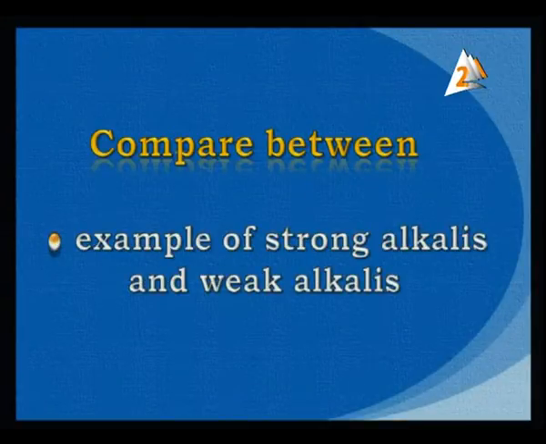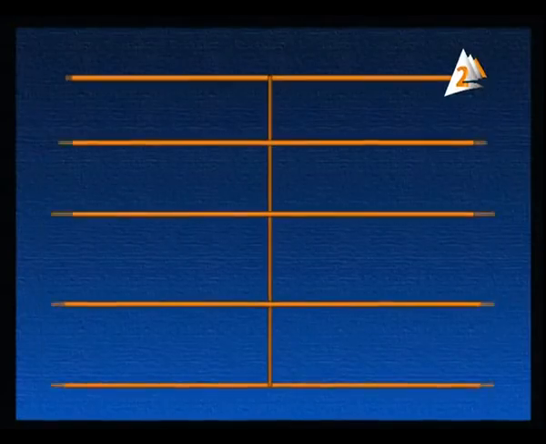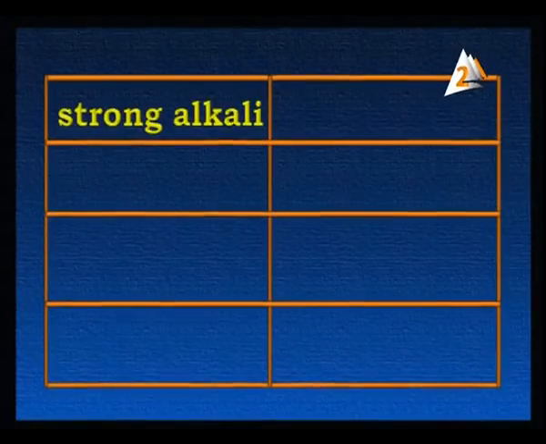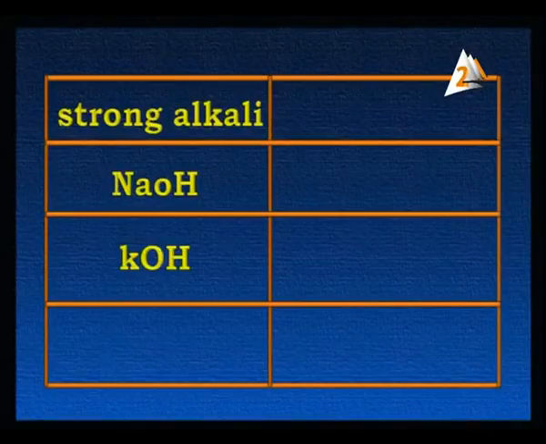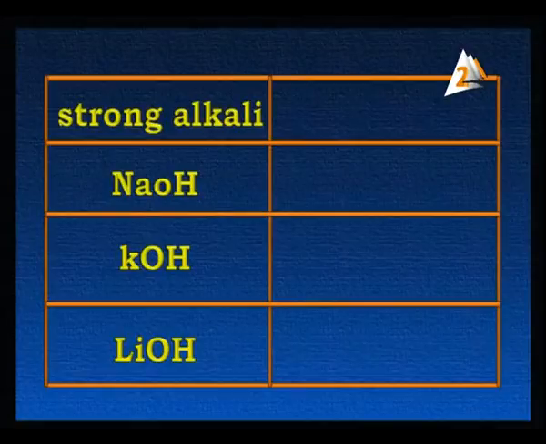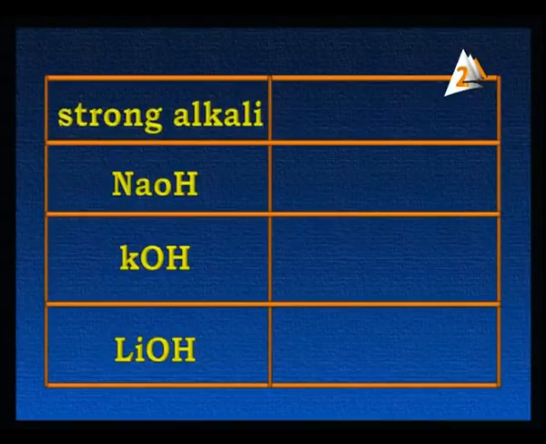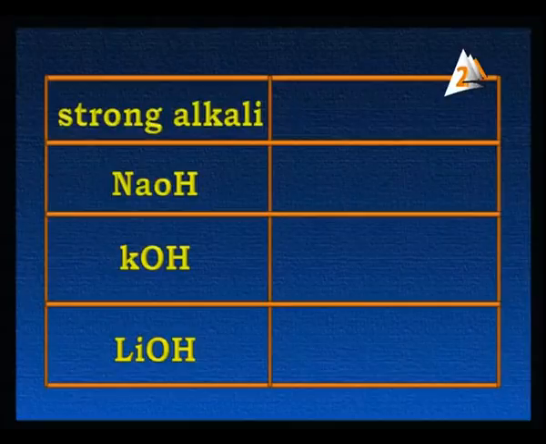Another part of this comparison: examples of strong alkalis and weak alkalis. We have the table like this, and here we have the strong alkalis: NaOH, KOH, LiOH. Any one of group 1 of the periodic table is called an alkali. So we have sodium hydroxide, potassium hydroxide, lithium hydroxide, rubidium and cesium hydroxide.